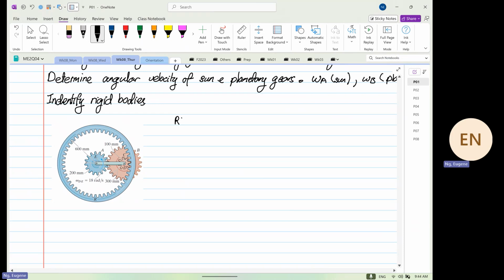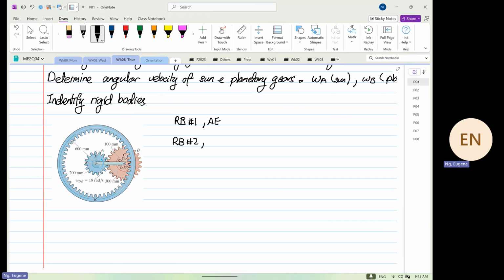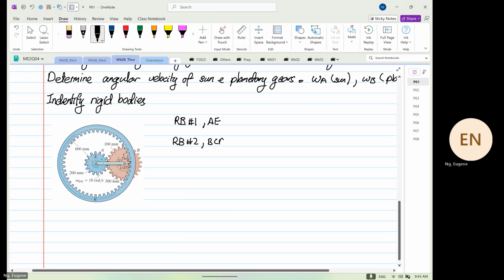So rigid body number one is our AE, and then rigid body two is our BCD. And we also have a rigid body over here, our DE.